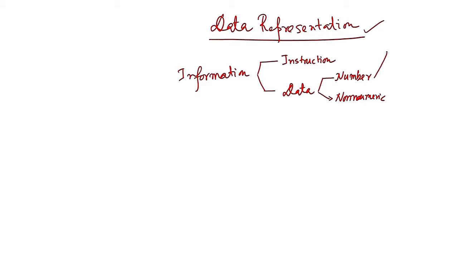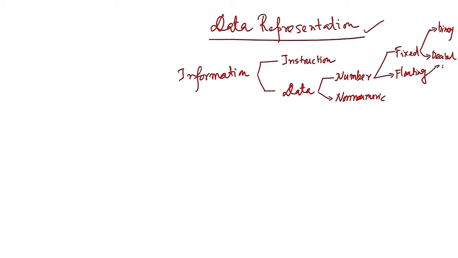Again, a number can be a fixed point number, or it can be a floating point number, and a fixed point number can be binary and then decimal. Okay.